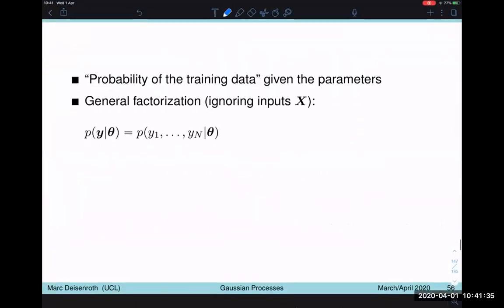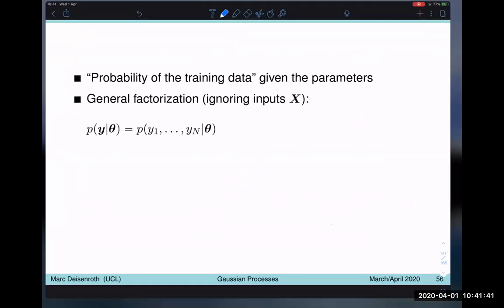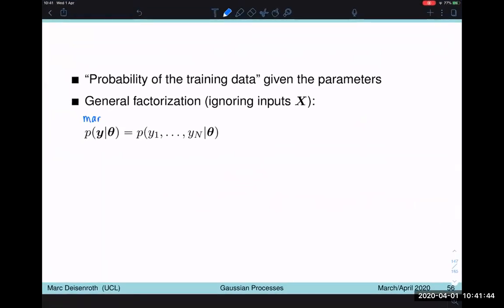So we can write the marginal likelihood. So this is the marginal likelihood. And this vector y is just a collection of n different values, n different training observations.